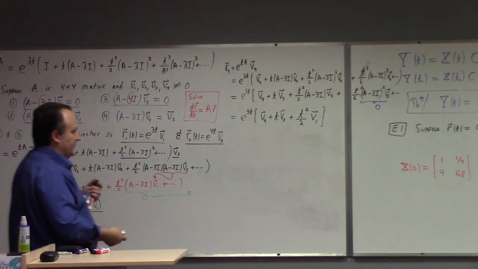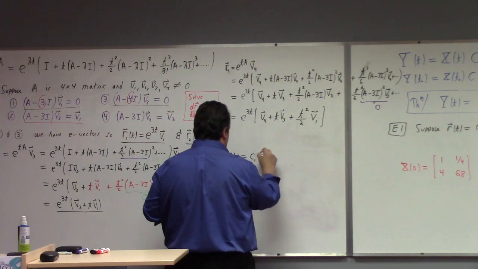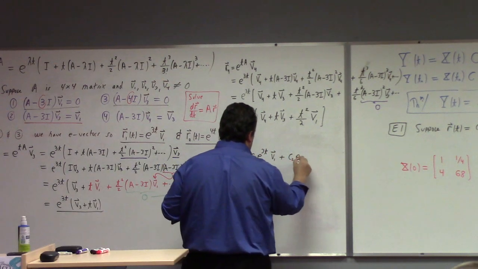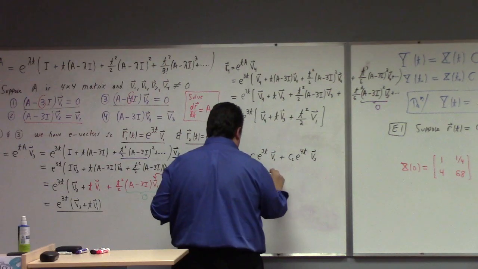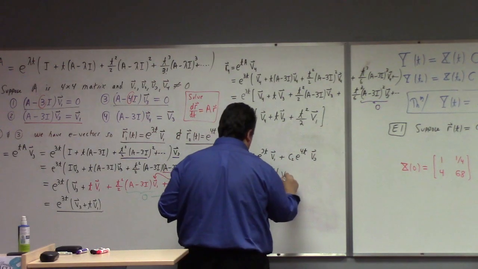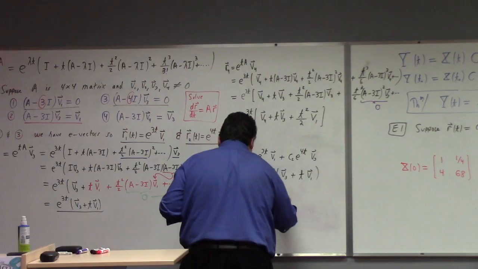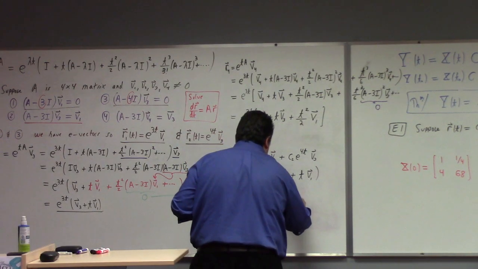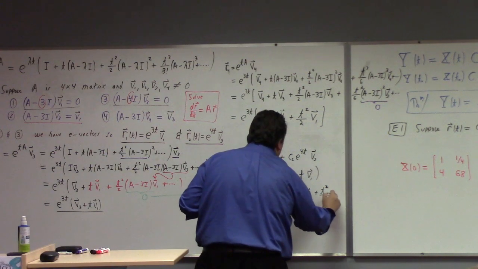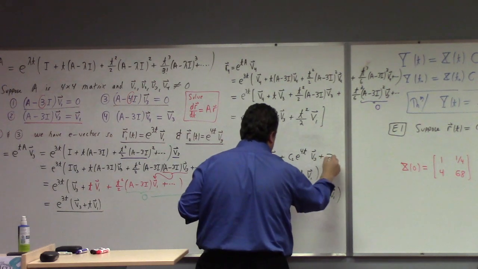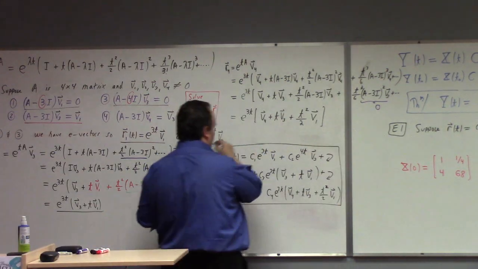And so what's my general solution? The general solution looks like r of t is equal to c1 e to the 3t v1 plus c2 e to the 4t v3, plus c3 e to the 3t times v3 plus t v1, and then plus c4 e to the 3t times v4 plus t v3 plus t squared over 2 v1, and there you go.